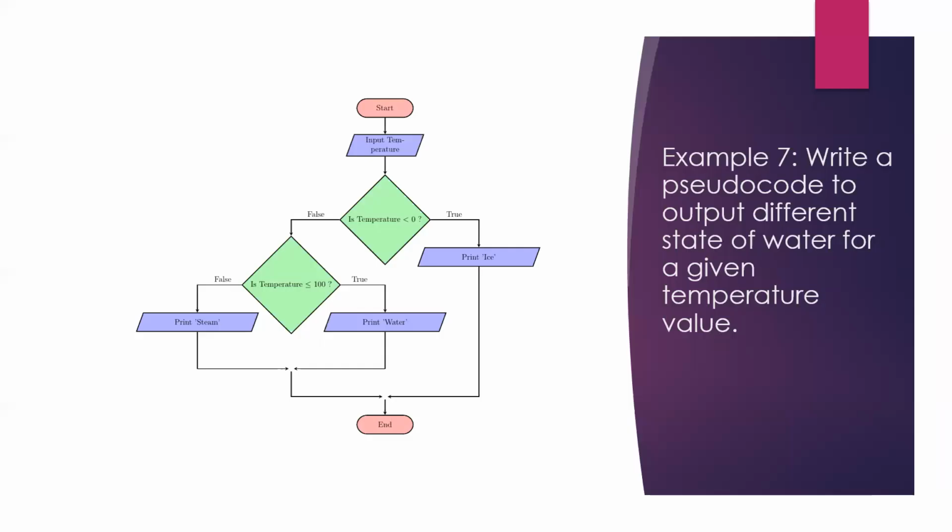So this is what we have. We have two selections, isn't it? Remember, we did this in the flow charts. We get the temperature value. If it is less than 0, we said ice. Otherwise, there'll be another selection. We check this time whether the temperature is less than or equal to 100. If so, we print water, otherwise it's steam.